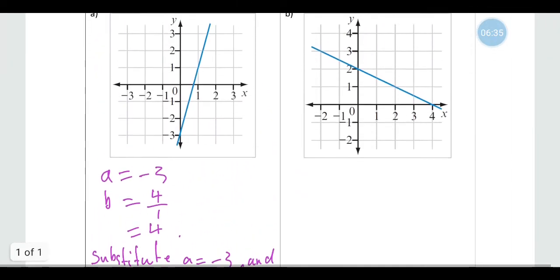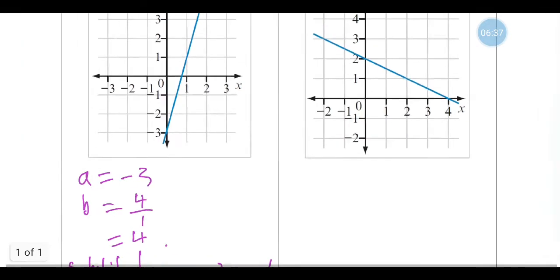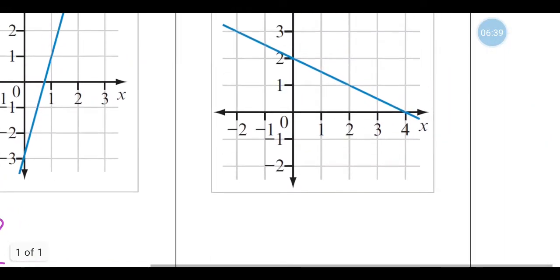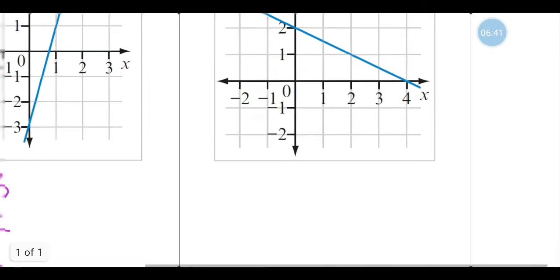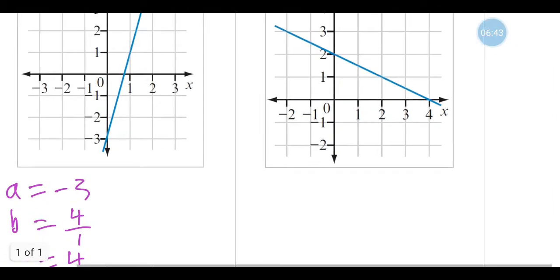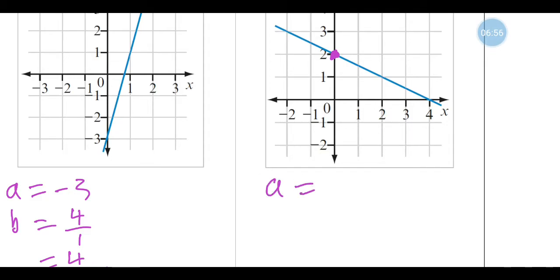All right, let's do one more example. So now we're going to actually use the gradient formula properly. Step number 1 is to take note of the y-intercept. The y-intercept here is clearly y equals 2. So that's our a value. A equals 2.